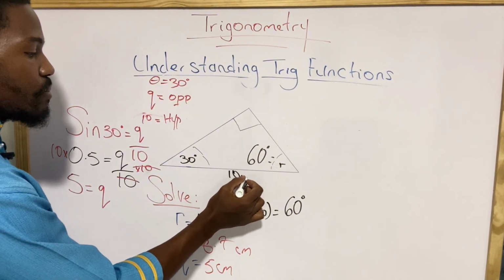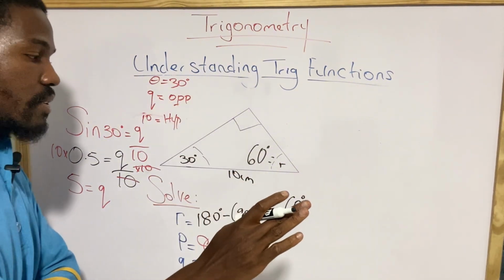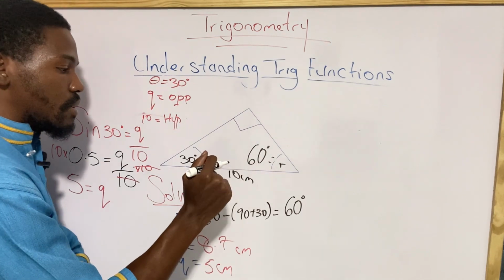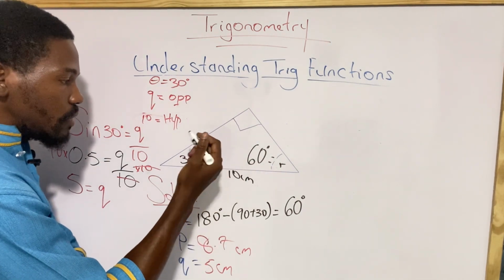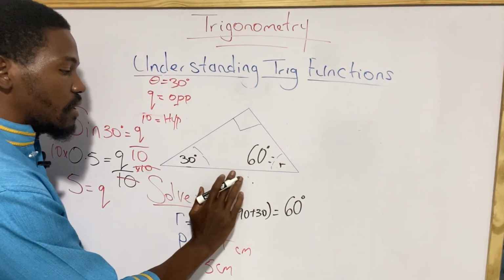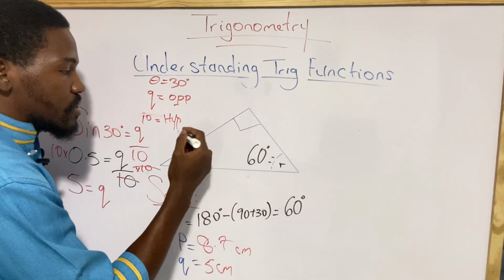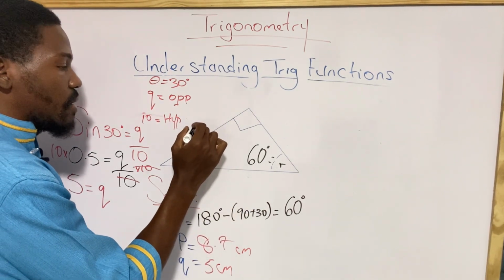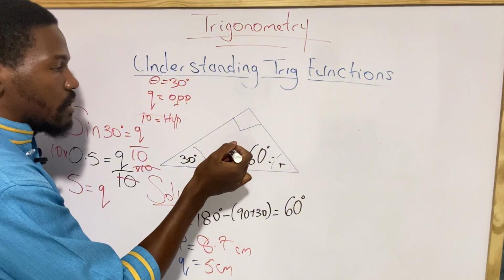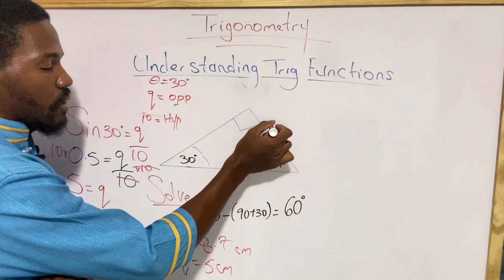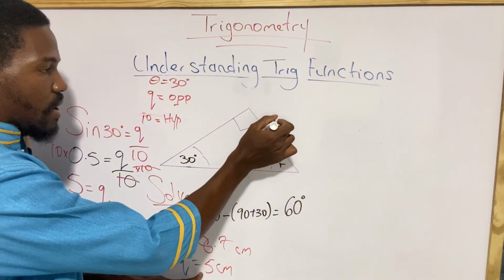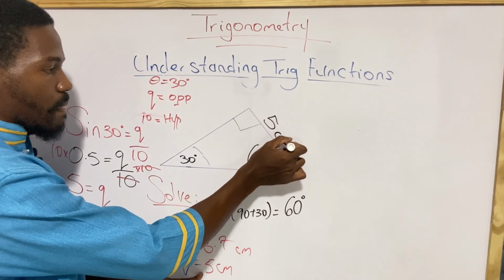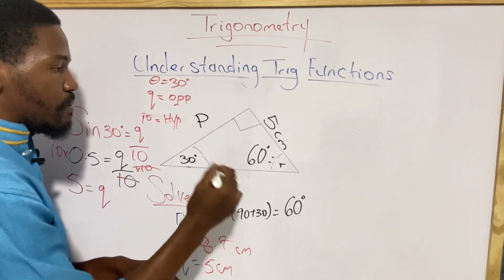This side could have still been present, yes or no, right? That could have still been present, right? But let us say that this wasn't there, maybe it just wasn't there. And let us say that we have, well, here, what did we say? Q was 5 centimeters. Let's say we're trying to find P.